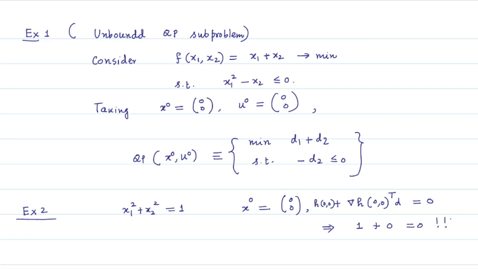This is really inconsistent, right? Therefore we may have possible inconsistency of the constraint set in the quadratic programming problem.